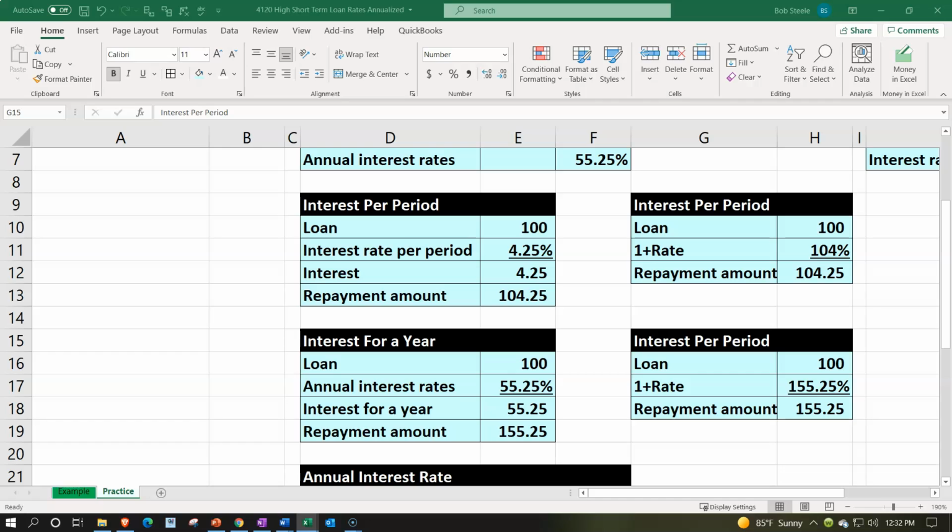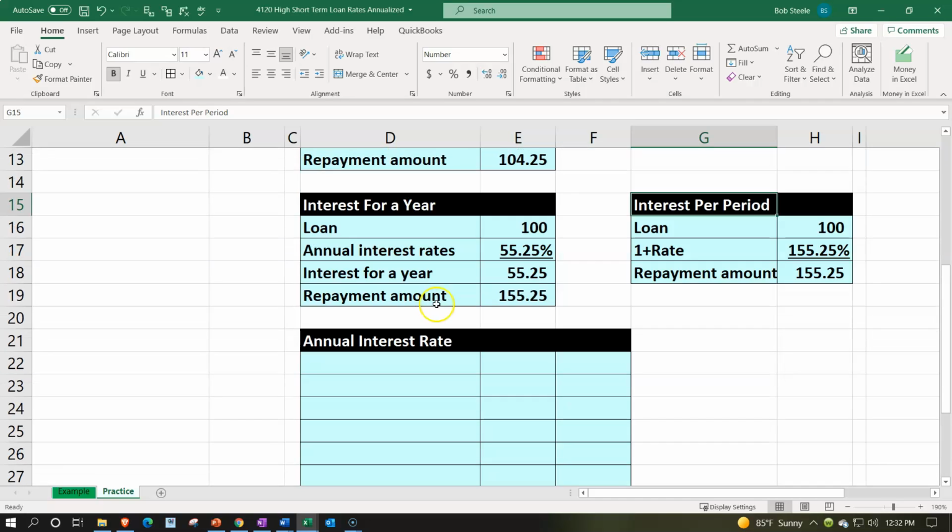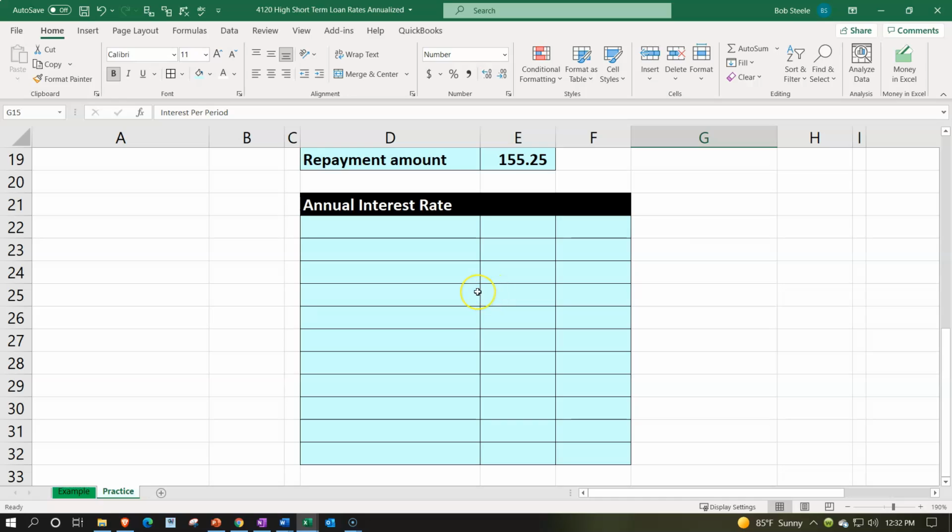One other way we can see this that might drive the point home a little bit more between this annualized amount and the 4-week amount is to run it back this way. We can calculate the annual interest rate this way.